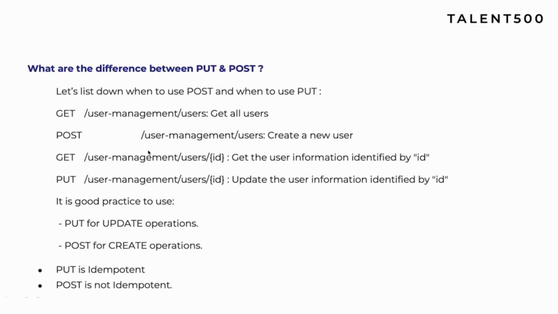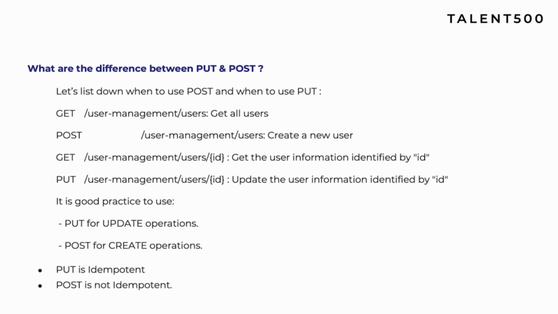For example, GET user management users gets all users, and POST user management users creates a new user, right? Once you create a new user, to check that the user has been properly created, you can use the GET method. The same thing applies to PUT also. Once you do some update, you can use the GET call to verify that the update you have done has been properly implemented or not.